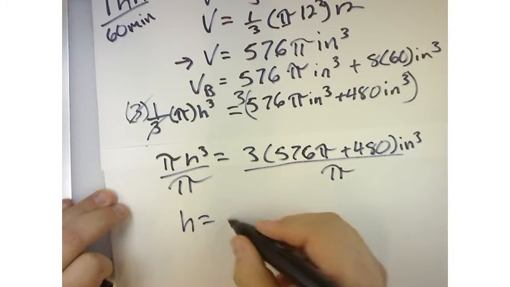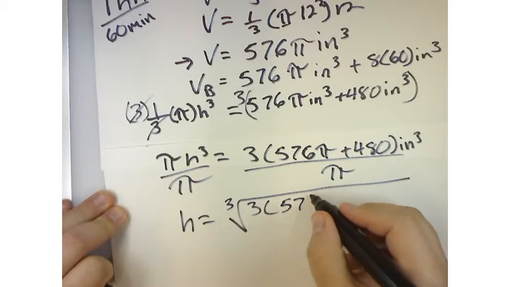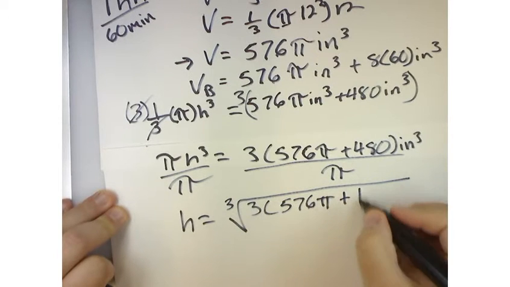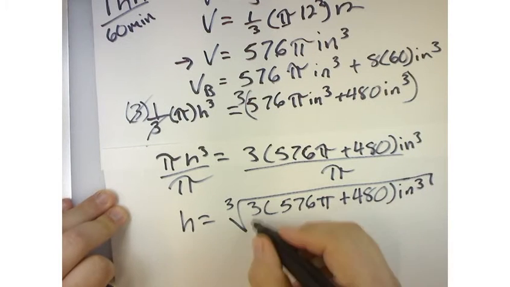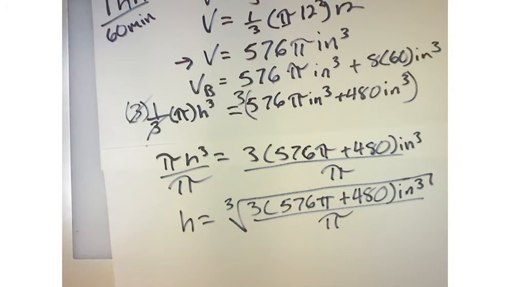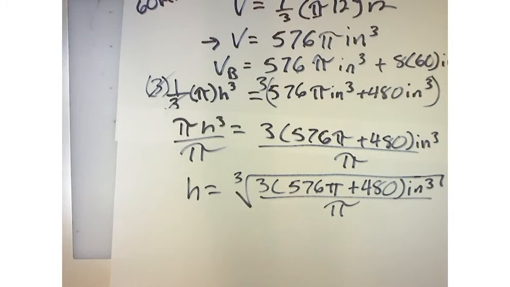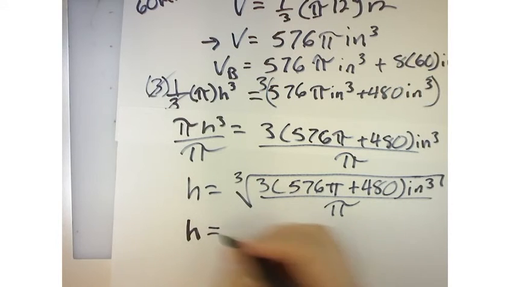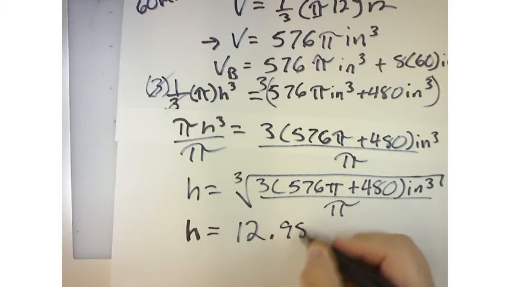And the last step would be to take the cube root of all this stuff. So 3 times 576 pi plus 480 inches cubed, all over pi. Now if you crank through the math, your final answer is that h is about 12.98 inches.